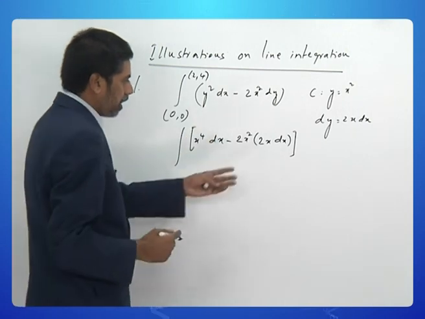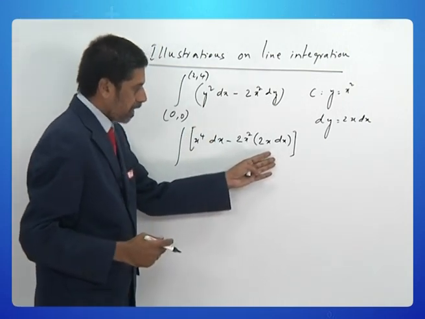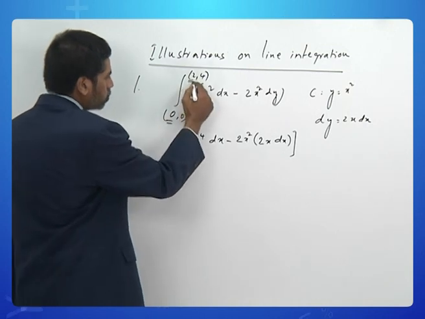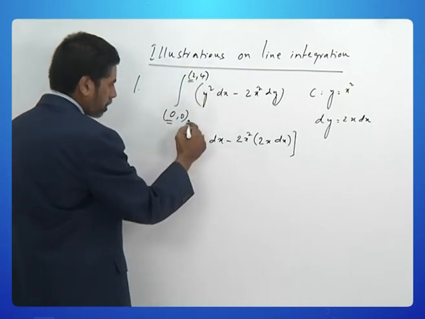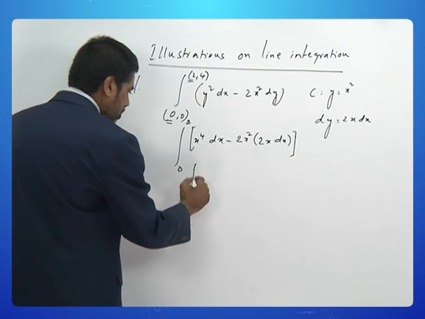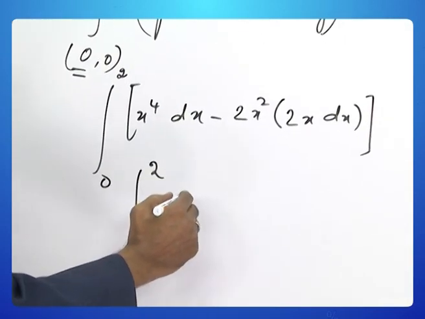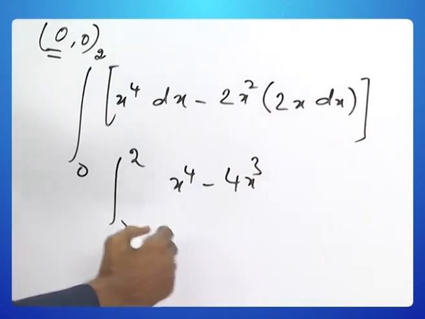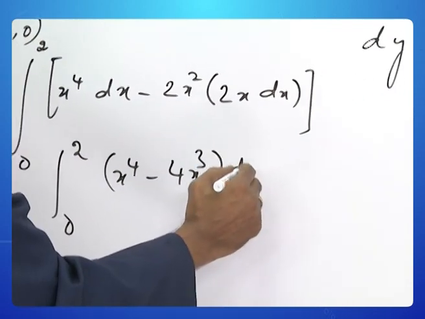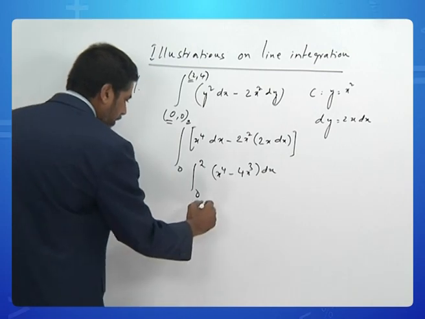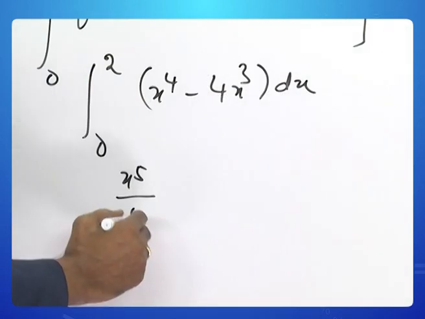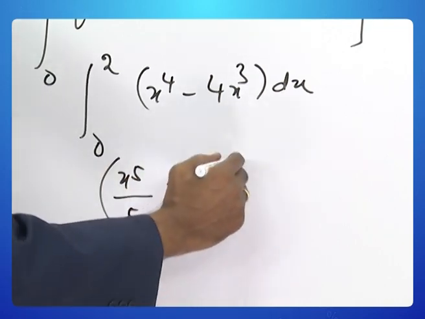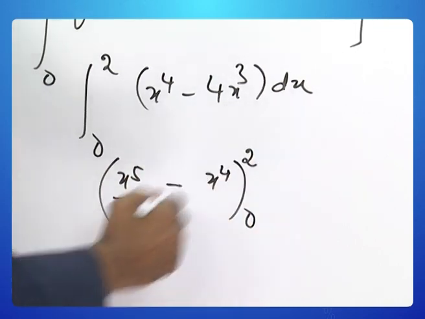So that way we have converted in terms of x, and the integration should take place within the limits of x, which is 0 to 2. So this would give us integral 0 to 2 x to the power of 4 minus 4x cubed dx. Integration is straightforward, x to the power of 5 by 5 minus x to the power of 4 from 0 to 2.